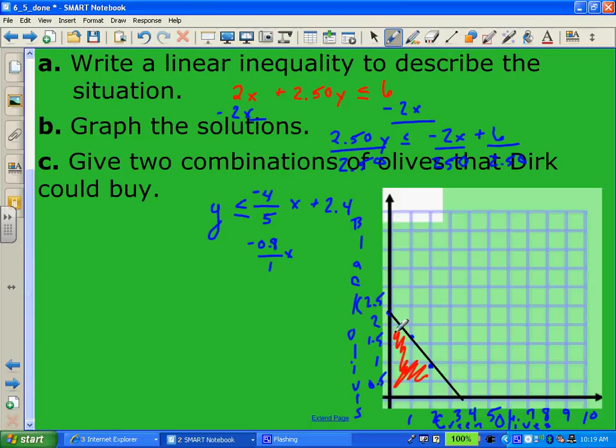And since it's a less than or equal to, I shade below. So my graph would look something like that. And then I have to pick two combinations, so we could do 1 and 0.5, and we could also do 2 and 0.5 if we want to.